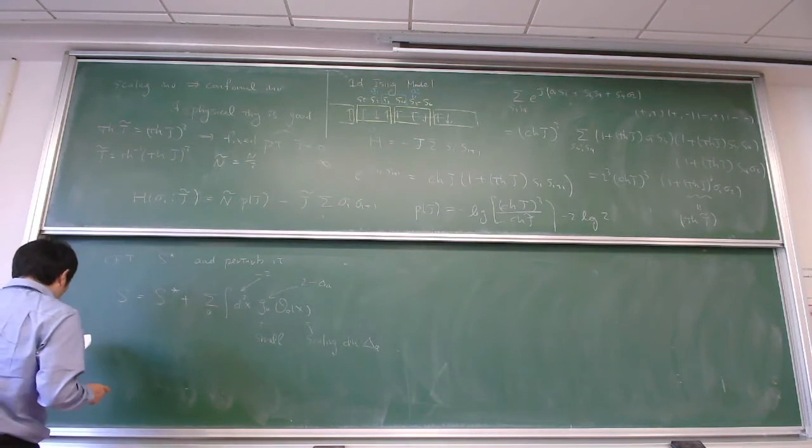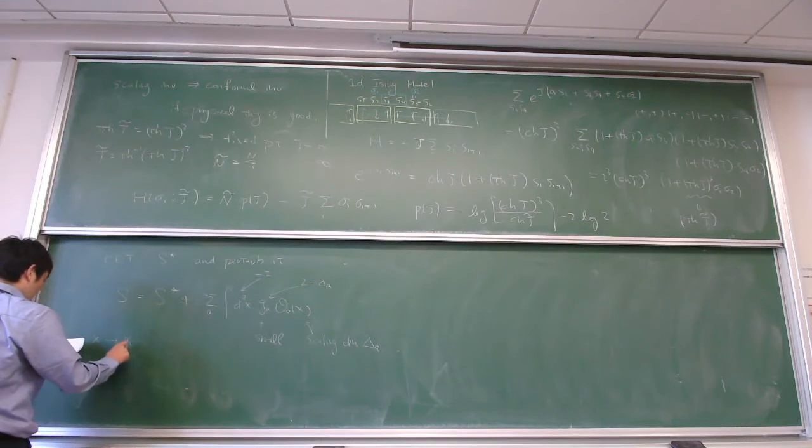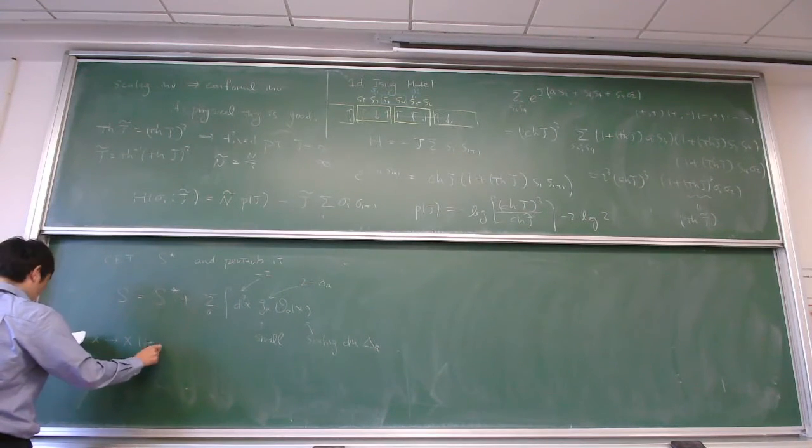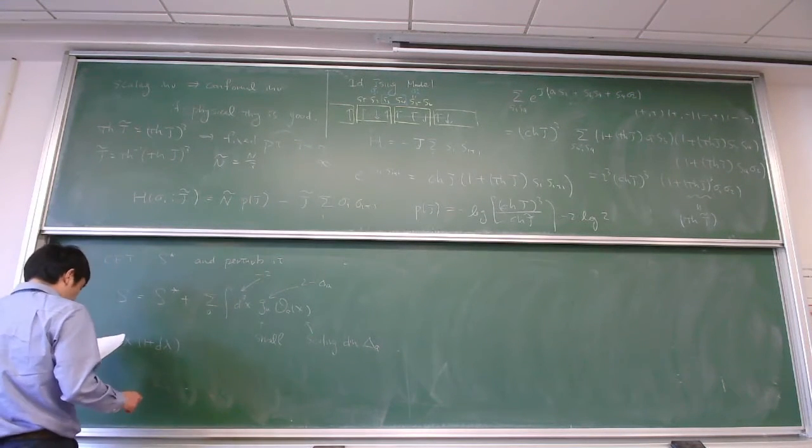Now consider a scaling transformation, x goes to x times 1 plus d lambda. I don't know why I call it d lambda, but I think it makes sense maybe. So let's follow the lecture notes again.